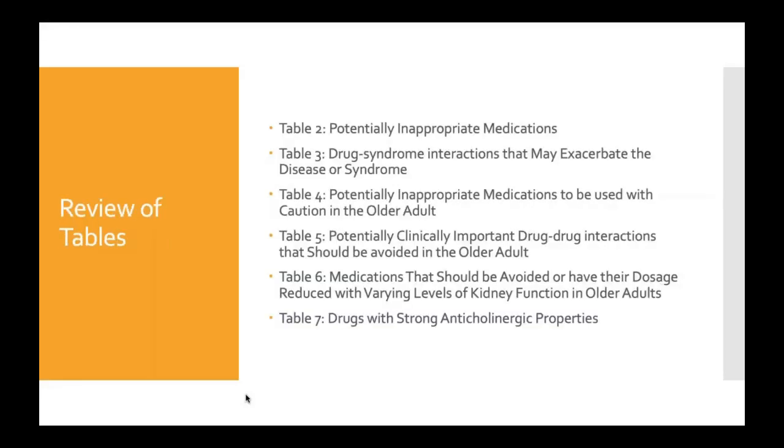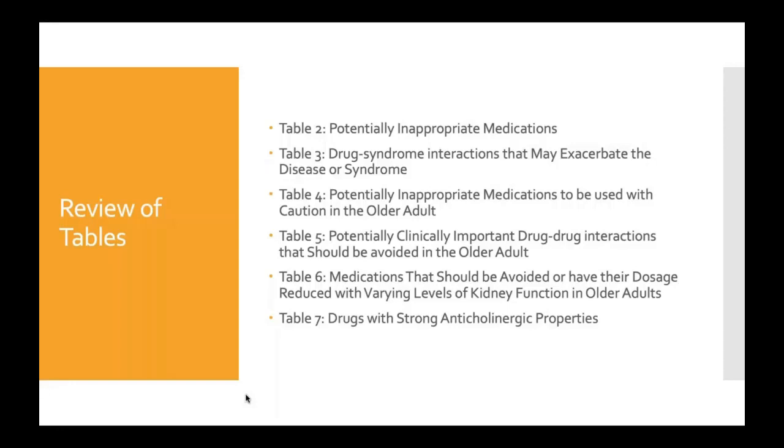So I just wanted to review the tables with you that we'll be going over that are included in the Beers criteria. Table 2 looks at potentially inappropriate medications, specific reasonings for why they should be avoided, or what the criteria is. Table 3 looks at specific drug syndrome or drug disease state interactions.